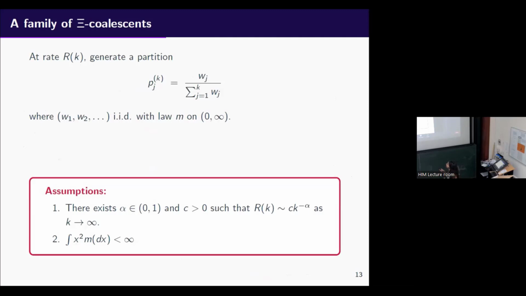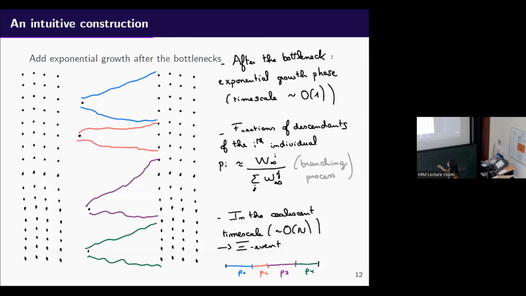So imagine that at rate R of K, you generate a partition of the interval 0, 1 like this. So you have a collection of variables W with some law on 0 infinity. And to generate the partition, you just take each component and then you divide by the sum, okay? So in my previous example, the W's would be the size of the progeny of each of the individuals who survive. And I just generate a partition of 0, 1 from this.